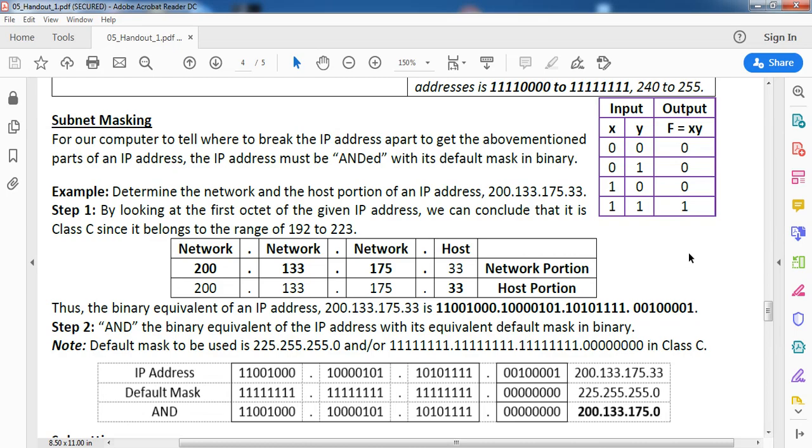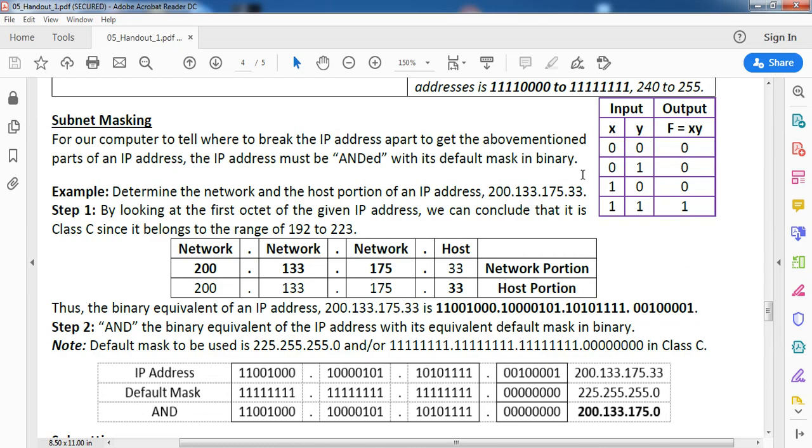But of course, that is not how the devices work. Our electronic devices, in order to separate the two, would be using a subnet mask dependent on the class of IP address. So I'll be showing today how the process of subnet masking works and how it applies to determining the host ID and the network ID.